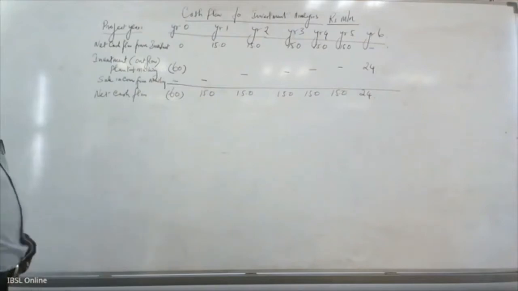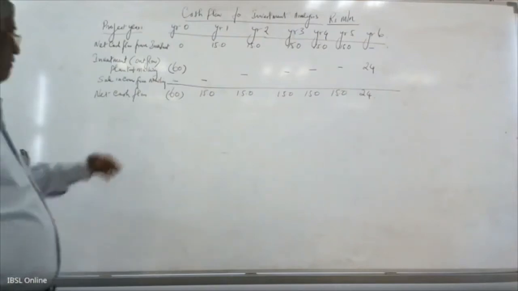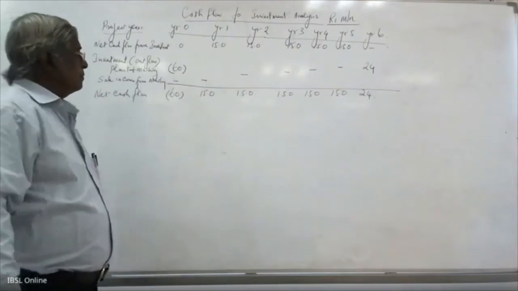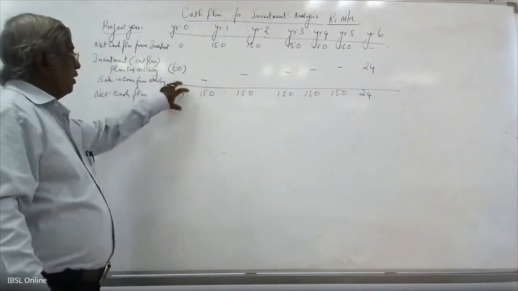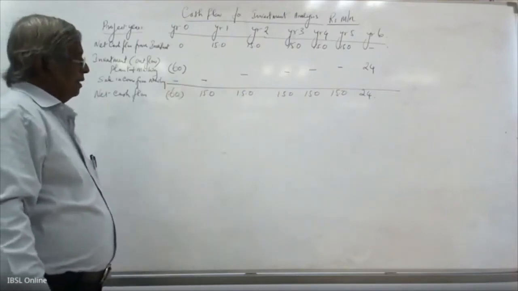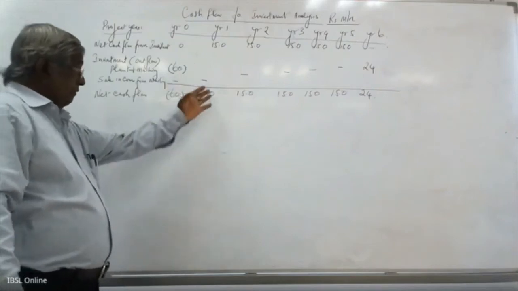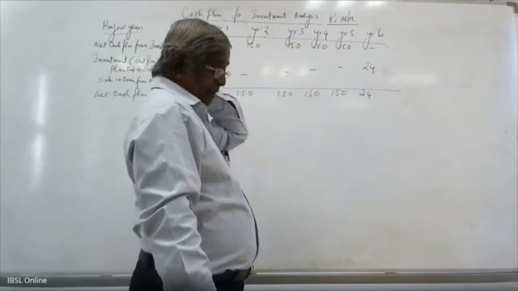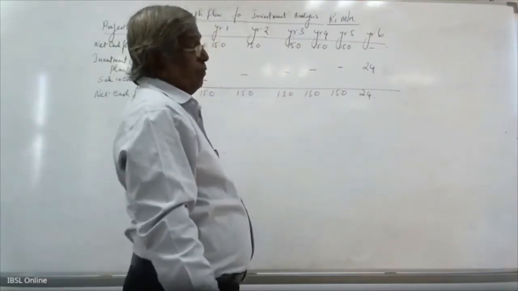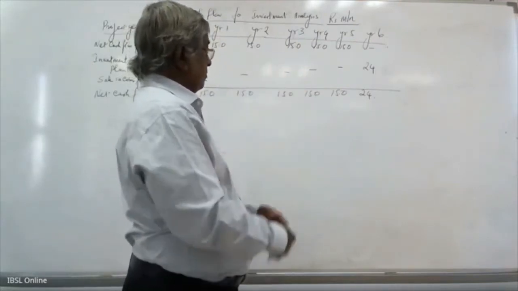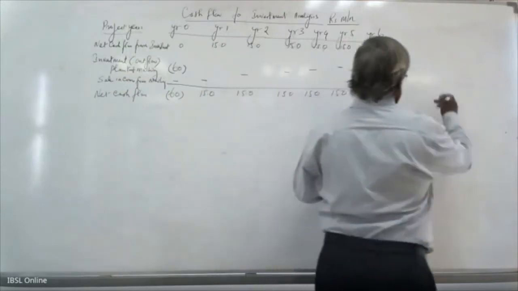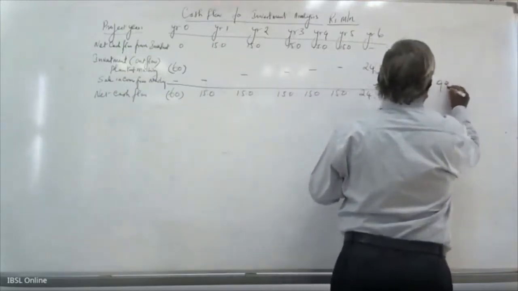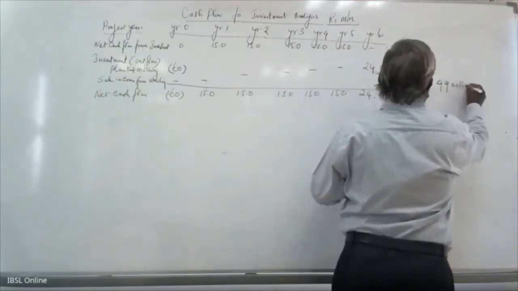When you look at it, they are investing only 60 million. But they are getting 15, 15, 15, 15, 15, five times 15 is 75 million, plus 24, 99 million they are getting for a period of 6 years.